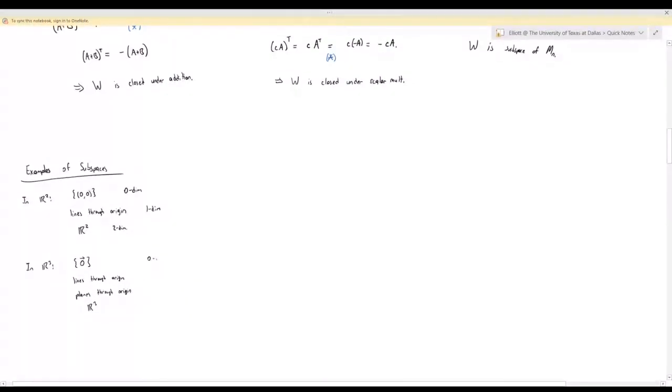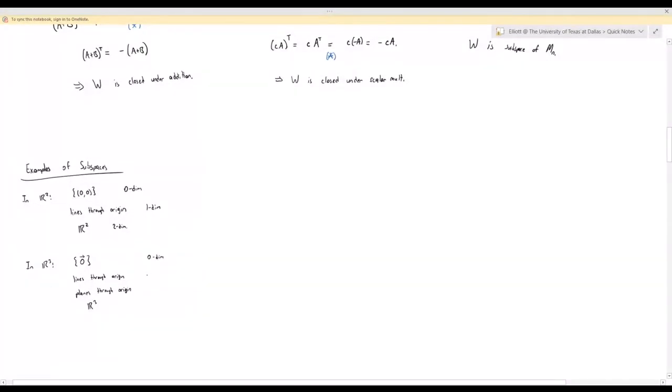So here we've got a 0-dimensional subspace, and lines through the origin are the 1-dimensional subspaces. 0-dimensional is basically just going to be the origin by itself, so it's just a point. It has no length or area or volume or anything like that. It has one vector in it, but only one, the zero vector.